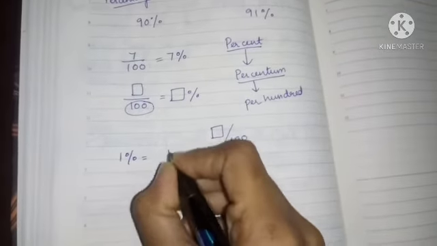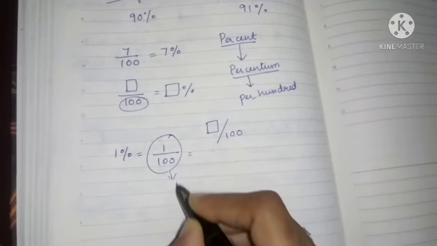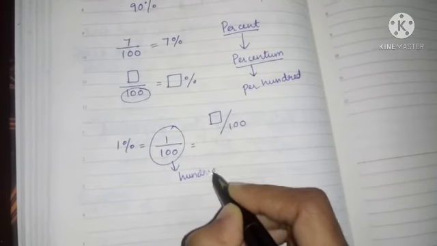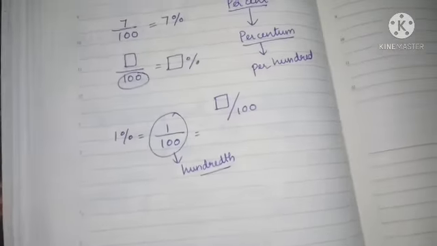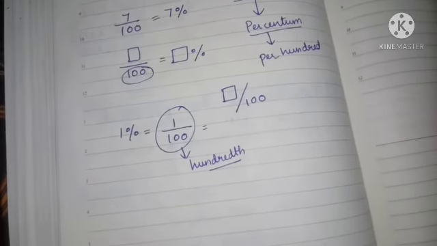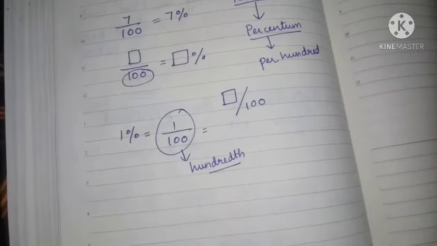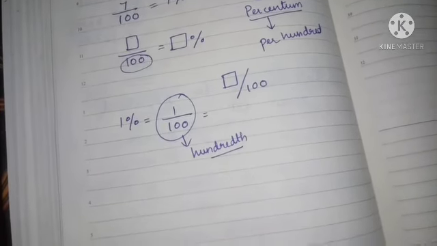See, there is one example given. 1% is nothing but 1 by 100. 1 by 100 is the meaning of hundredth. You know hundredth, right? Usually this percentage we denote for 100.